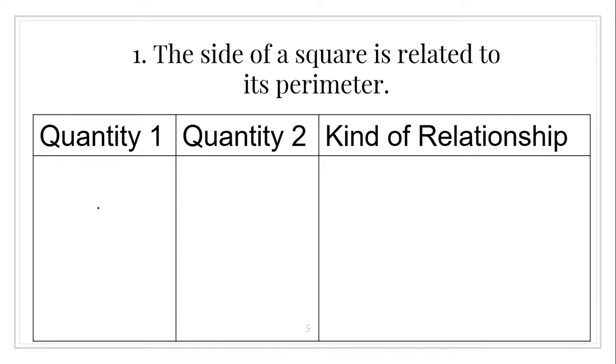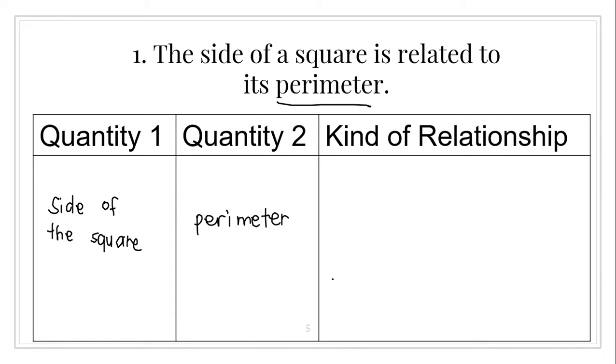We can say that our quantity number one is the side of the square, while our quantity number two is its perimeter. And the kind of relationship they have is direct. Why direct? As the side or the length increases, the perimeter also increases.